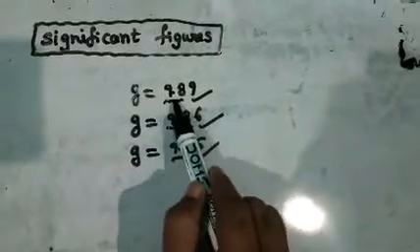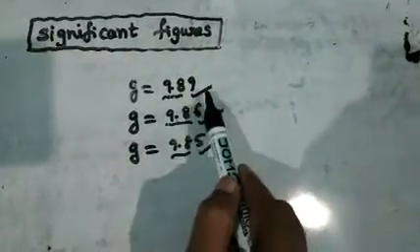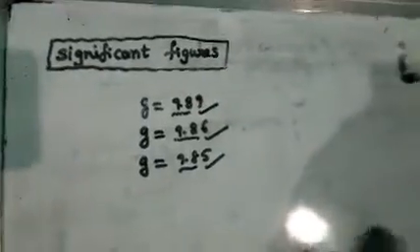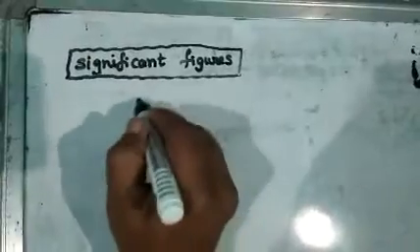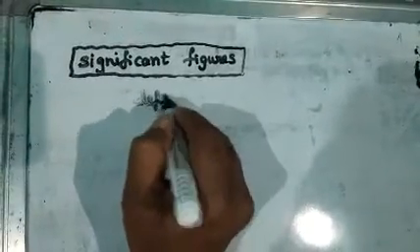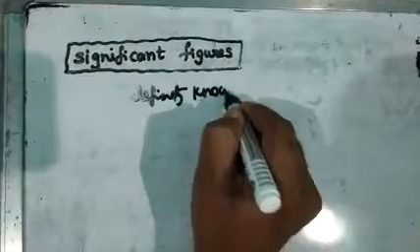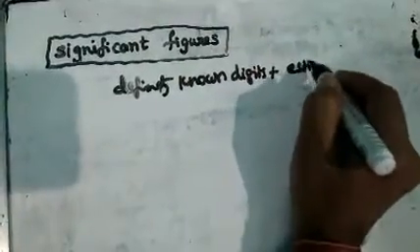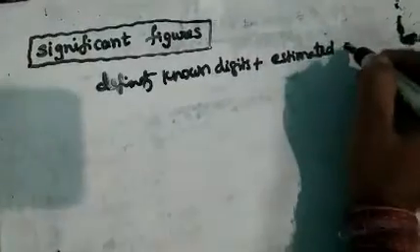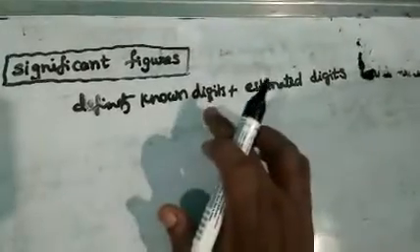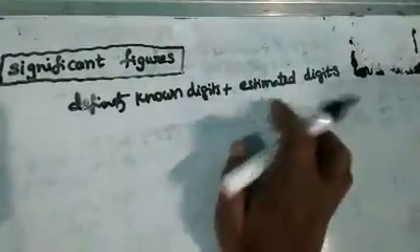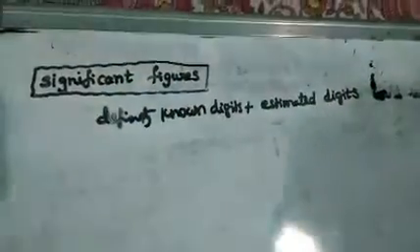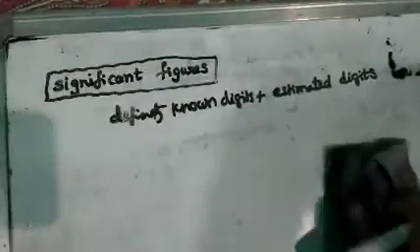So in significant figures, you are getting definitely known digits plus estimated digits. So these things you have to understand. The sum of these definitely known digits plus estimated digits are both named significant figures.